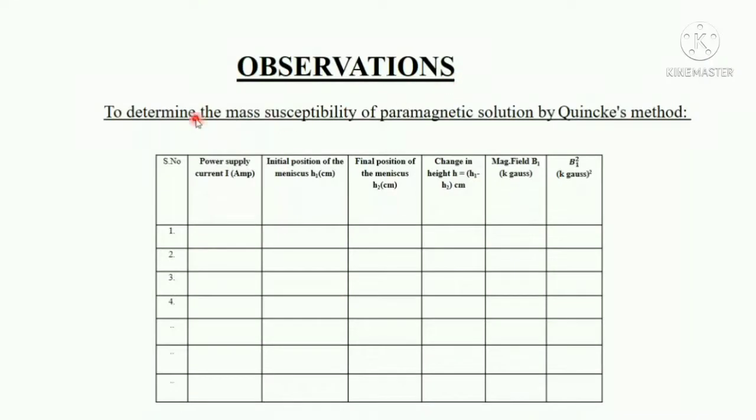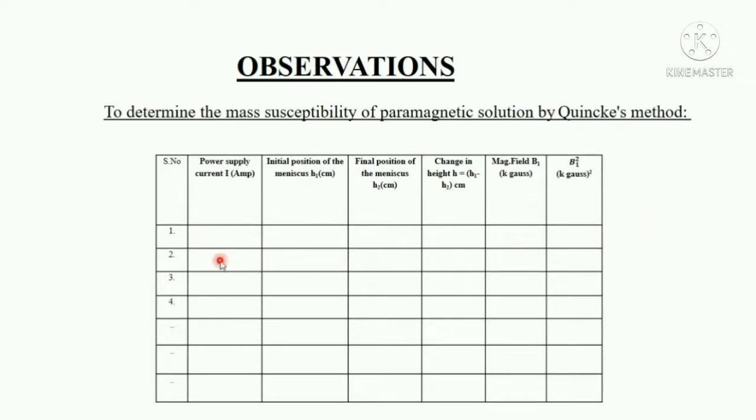We will note down all the readings in our observation table and see how to perform the calculations. This is our observation table for the ferric chloride solution. So we have taken the current, and then the corresponding magnetic field is noted down, the first part of the experiment.